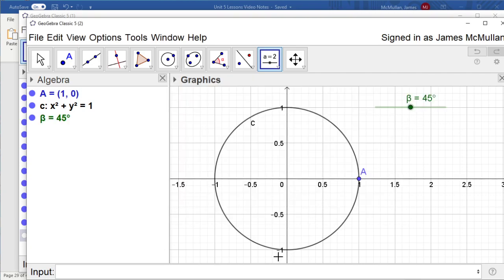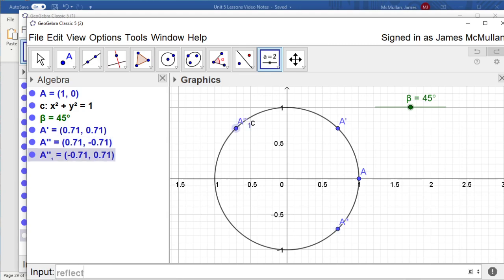And then I'm going to rotate a beta. Now I'm going to reflect A prime across y equals 0, and I'm going to reflect A prime across x equals 0, and I'm going to reflect A prime across one of those reflections.